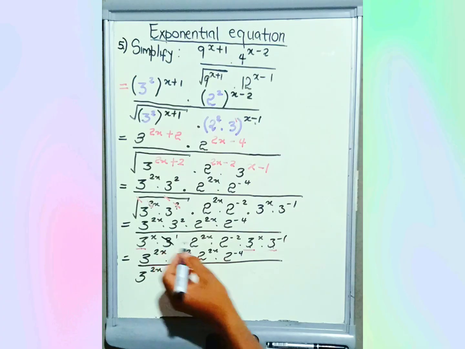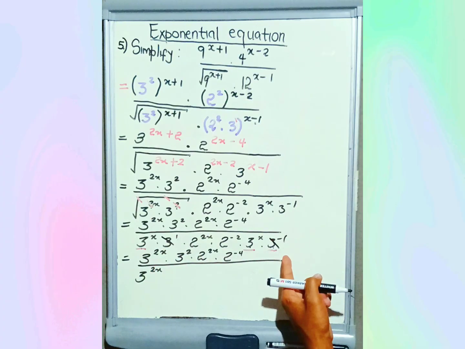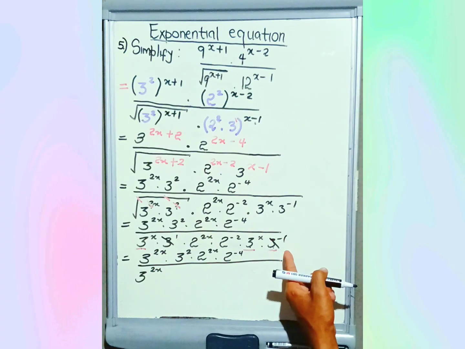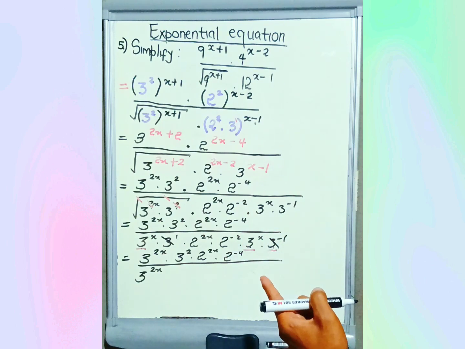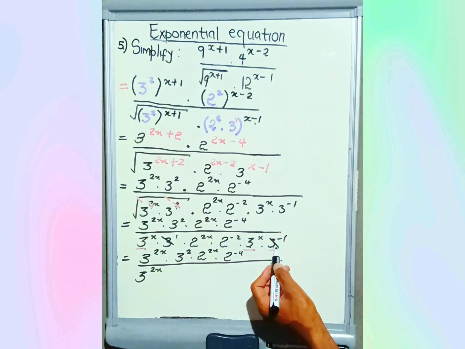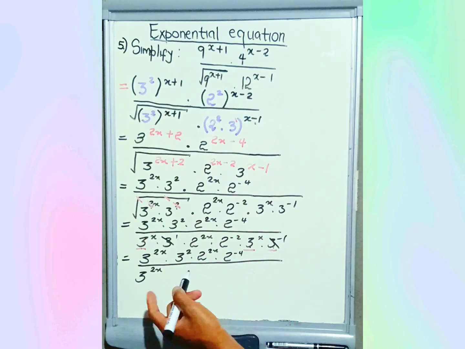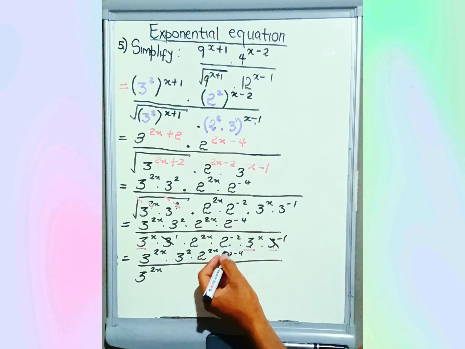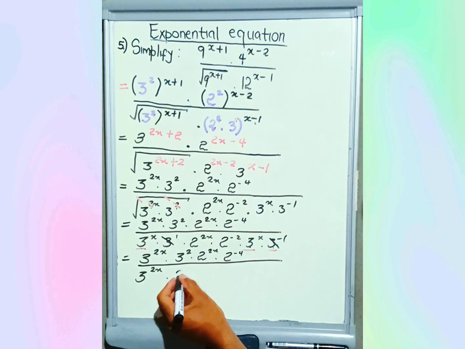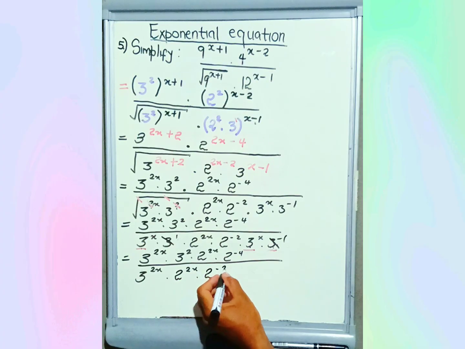This one is going to give us 1, because any number raised to 0 equals 1. Then 1 times anything is that thing. Let's just trust this one because it's going to give us 1. Then here we are left with 2 raised to 2x times 2 raised to negative 2.